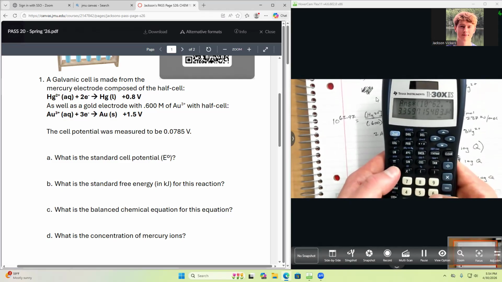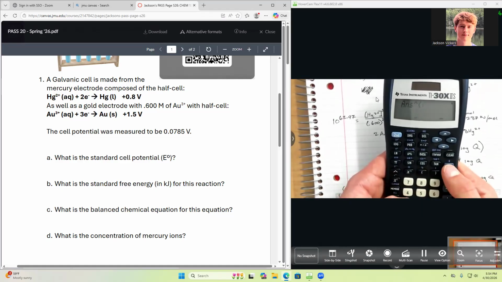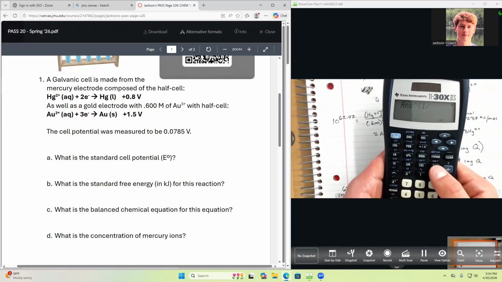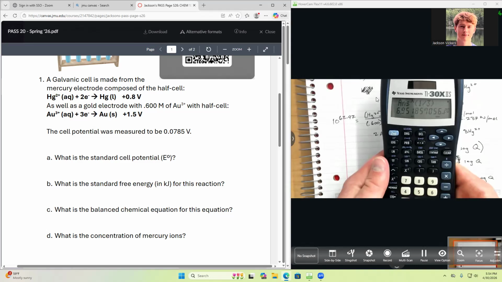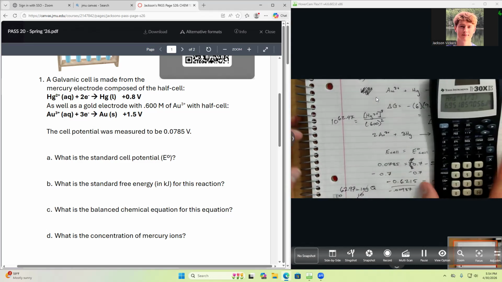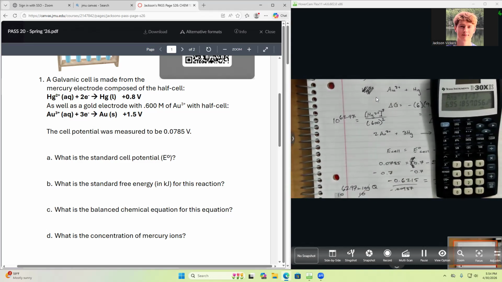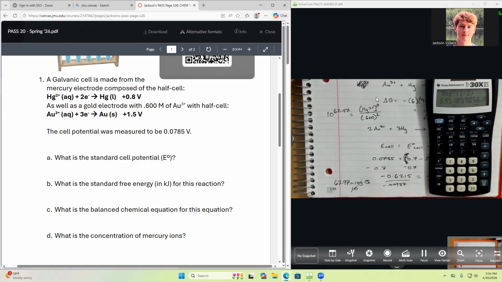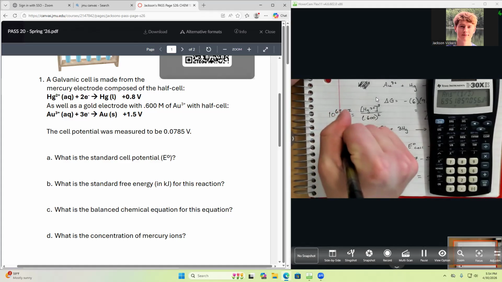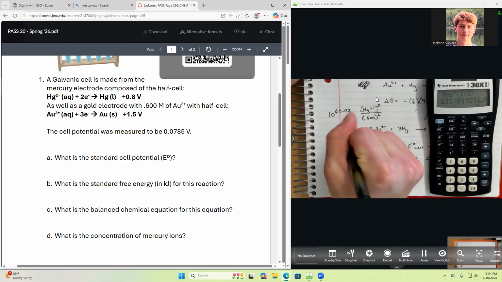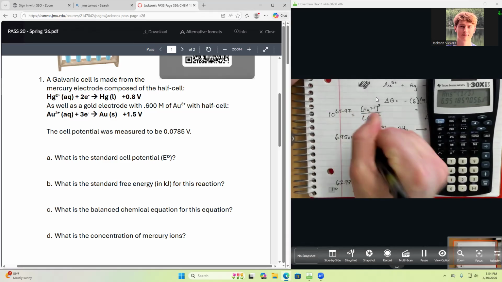And then I'm going to use the caret function, parentheses 1 divided by 3. And so that's going to be our answer here. This is the concentration of mercury ions, a very big value, 6.95 times 10 to the 20.